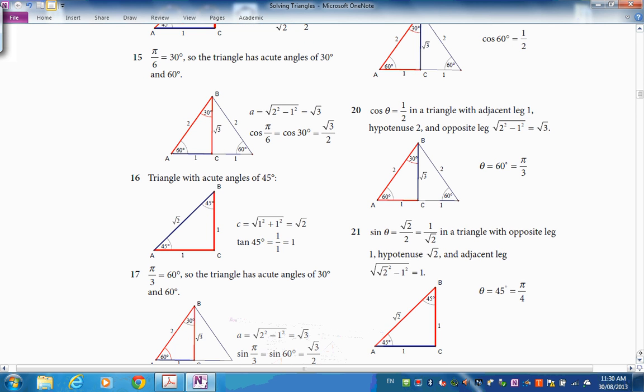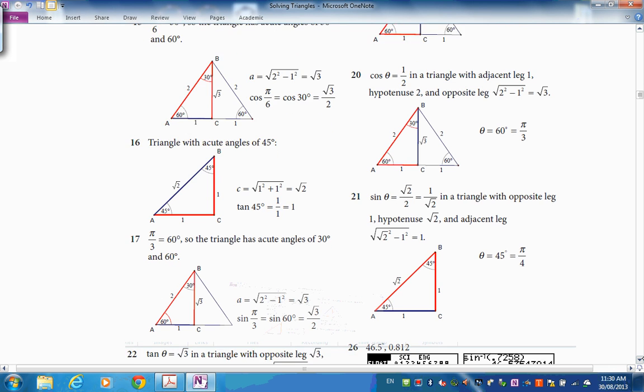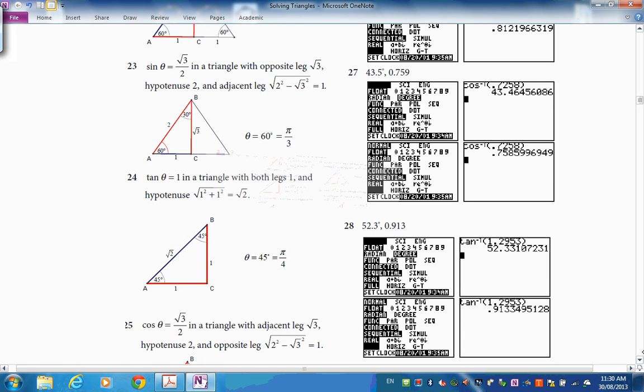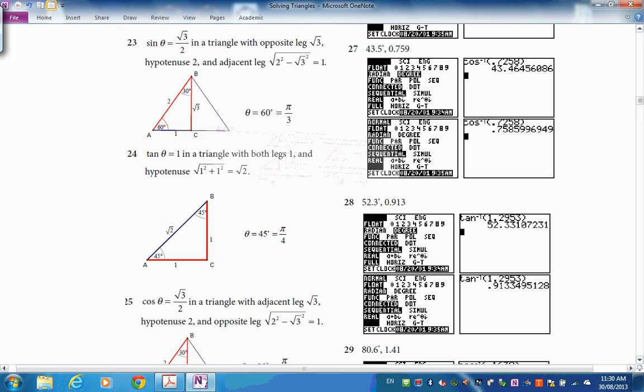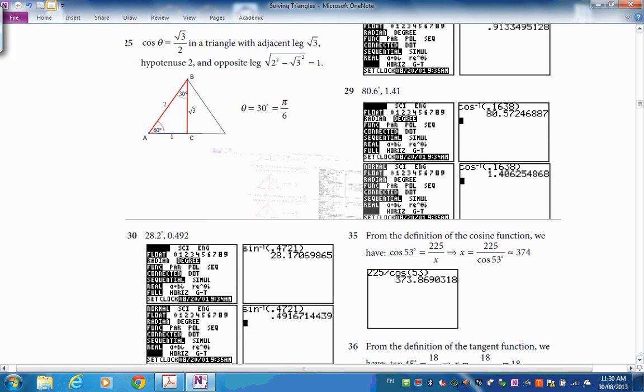Let's go down a bit more, bring 15 up. Okay. 22, 26 there, all on the calculator. Okay, through to 28 there. Getting through them now.